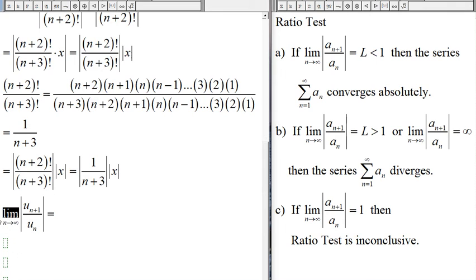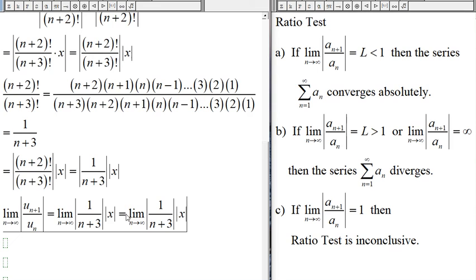And then if we want, we can also rewrite this as the limit separately like this. As n approaches infinity, we get 1 over infinity, which is 0, and then times the absolute value of x. This is a limit with respect to n, but there's no n here, so this is just the absolute value of x. The result is equal to 0.